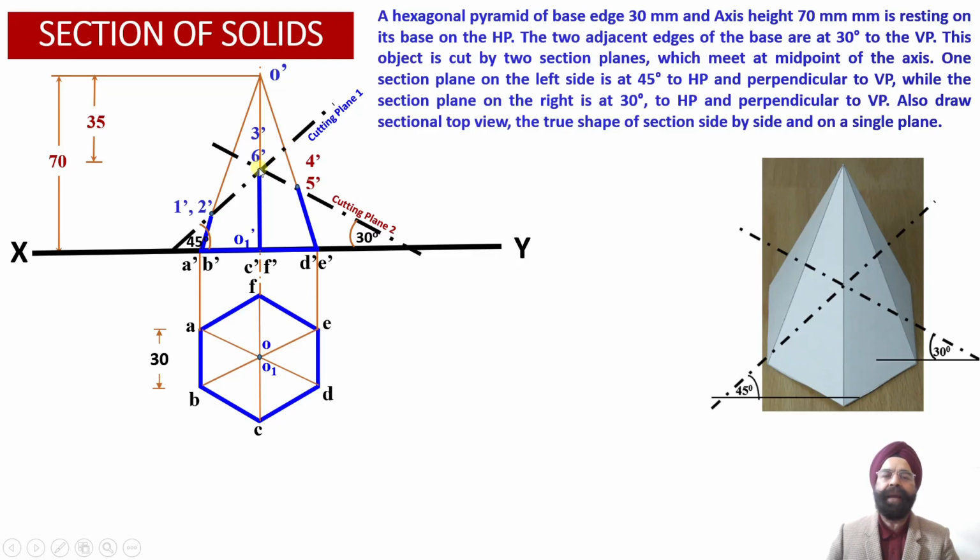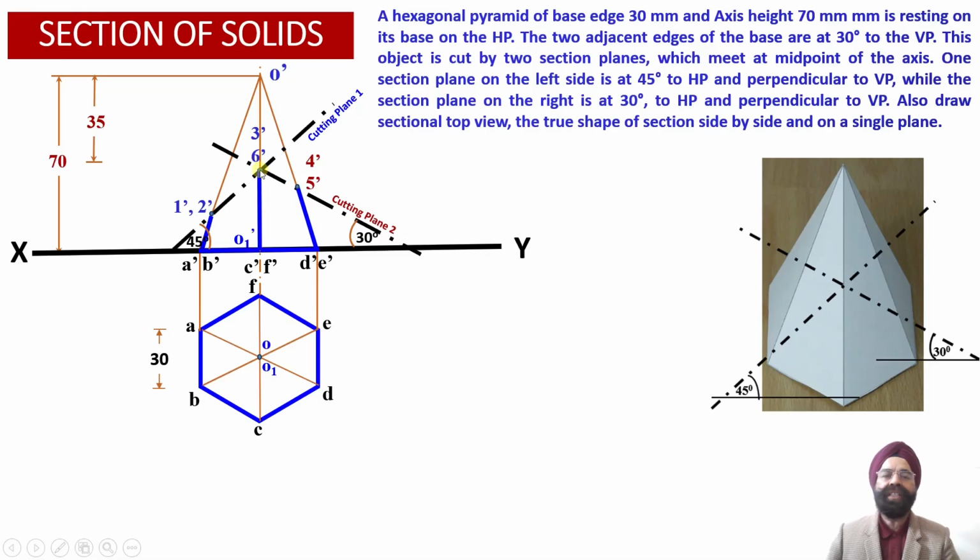Now we know that corresponding to the cutting plane number 2, points 3' and 6' will remain the same. So 3' and 6' will be the points of intersection of the cutting plane number 2 also with respect to the slant edges O-C' and O-F' respectively.